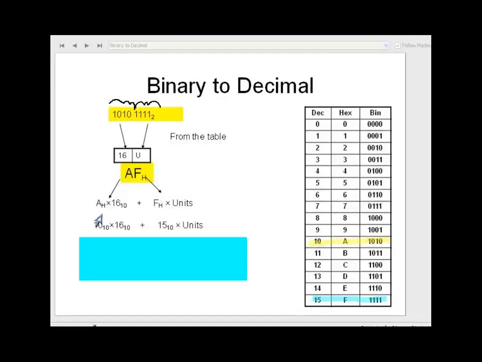So I've got 10 lots of 16 and 15 ones. 10 lots of 16 is 160, and 15 ones is 15. So I've got 160 plus 15, which is 175.